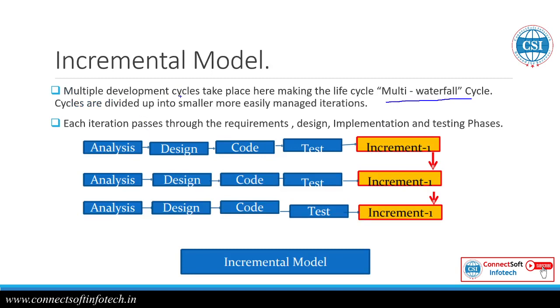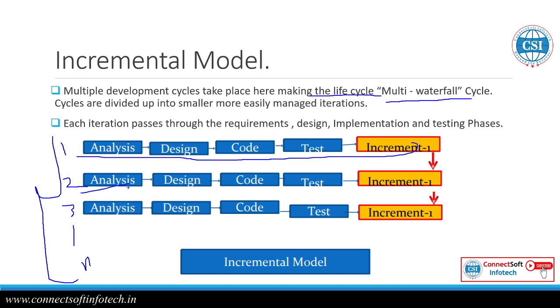So multiple development cycles take place here, making up the life cycle. This is one cycle, this is two, this is three, and this is the nth cycle, and then you can say this is the entire life cycle. This is the incremental model. This is one waterfall, another waterfall, a third and fourth, up to the nth, and by the nth you will get the last product as per the requirements.